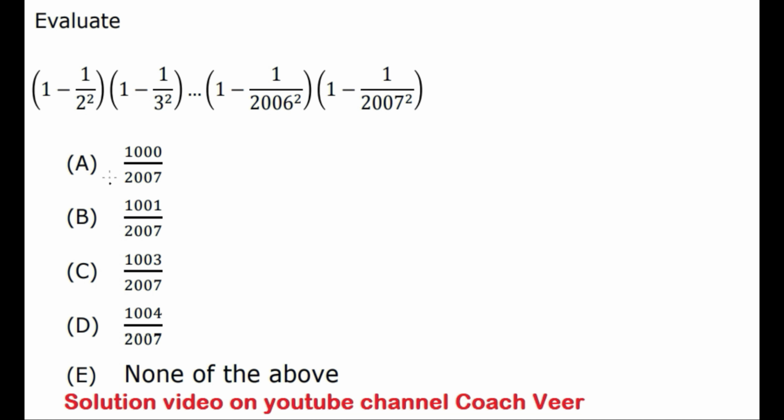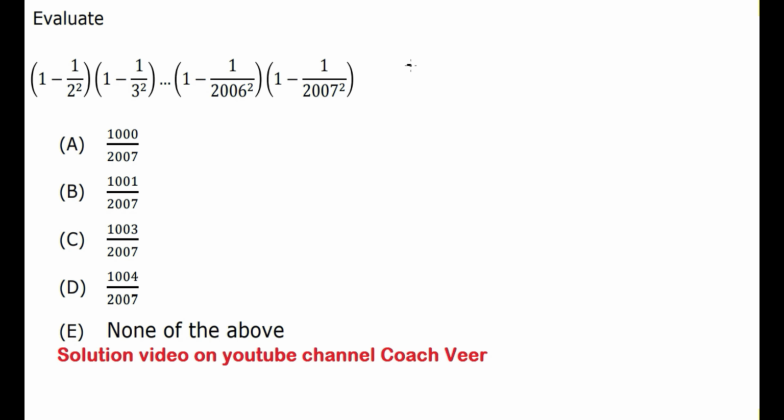Okay, so here we see a strategy: 1 is the square of 1 and the other term is given as a square. So what we utilize here is this formula which we have seen earlier, which says a square minus b square is equal to (a minus b) times (a plus b).